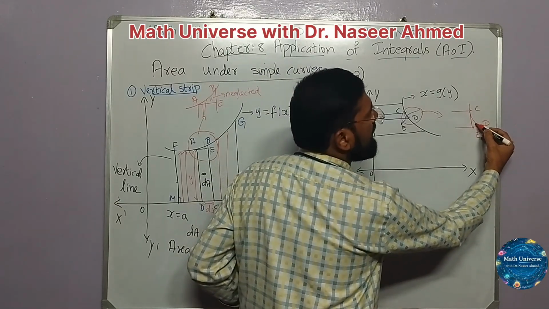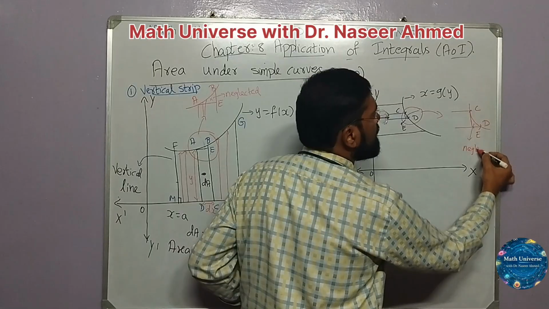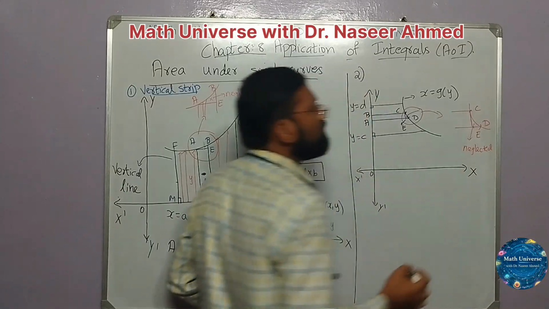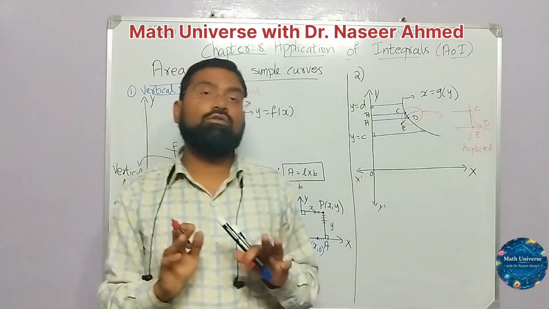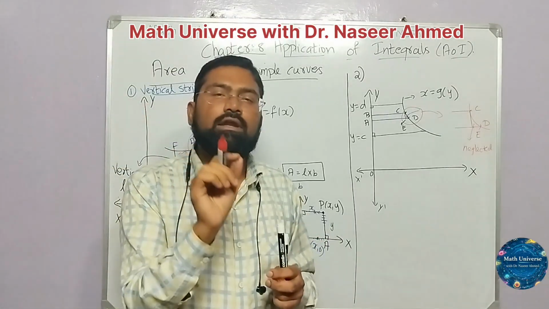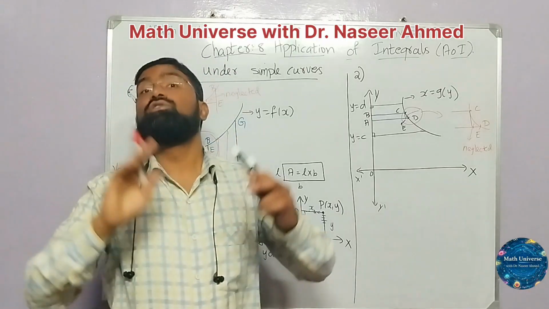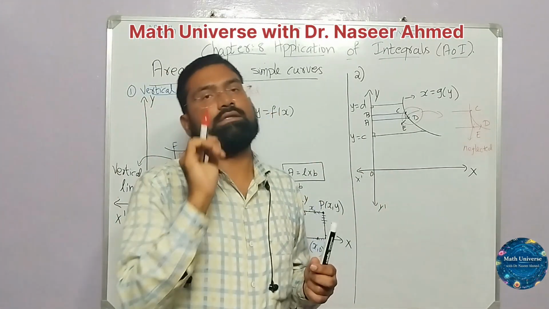Now you see here, this area is again neglected. Since this area is also neglected, we are going to have an approximation. When I say approximate, please understand, don't conclude then why we are studying this. The area will vary very little, not too huge. The word approximate means too little.